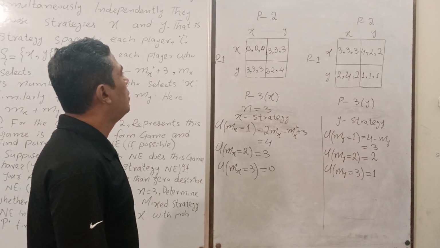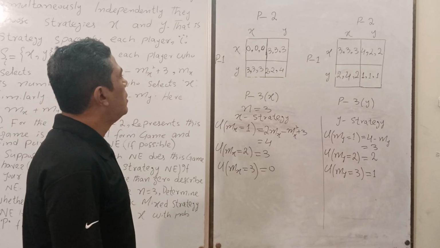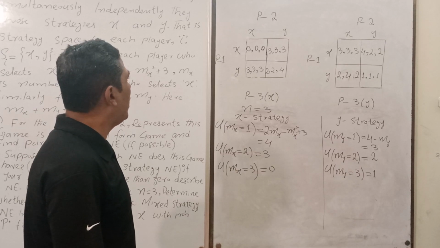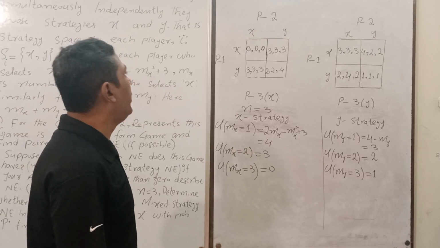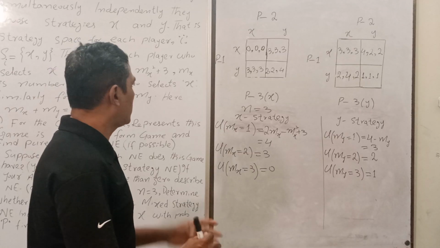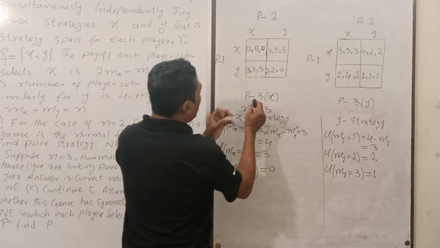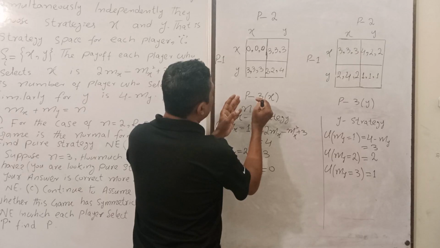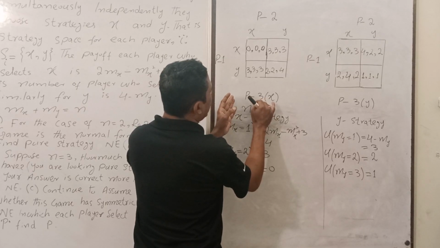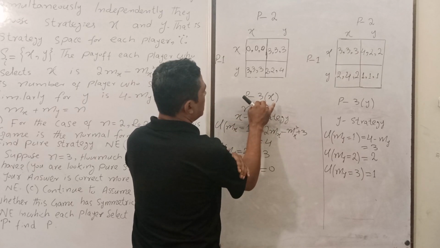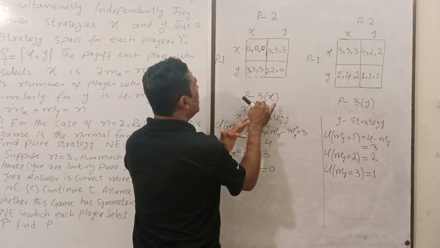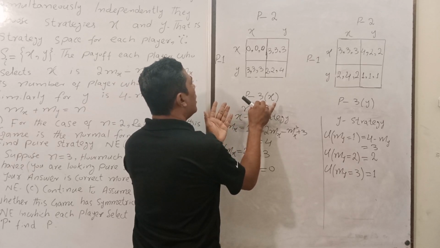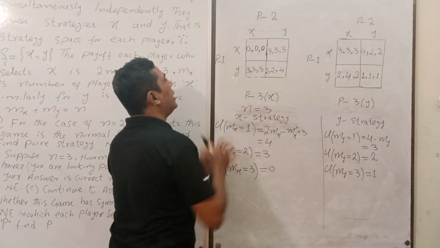Okay. For now, find out the Nash equilibrium here. When player 3 decides to play x, given the condition, what do player 1 and 2 decide to play?